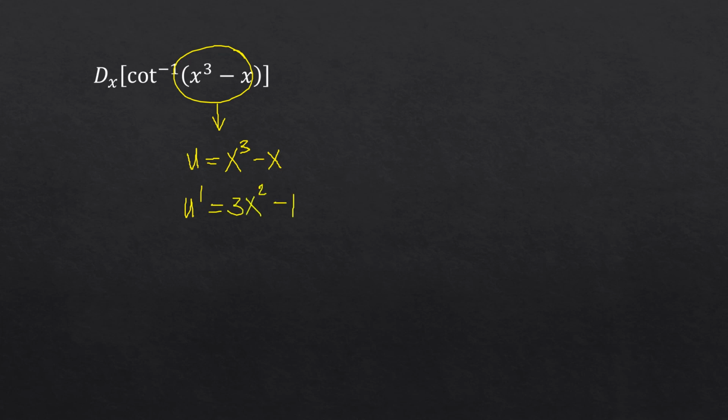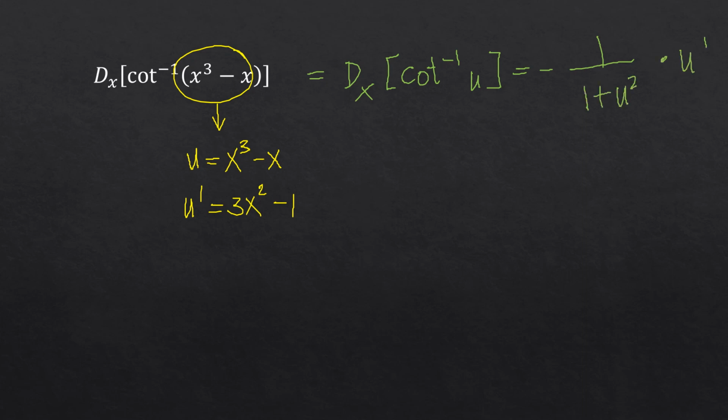So in getting the derivative of the inverse cotangent of x cubed minus x, we have to recognize this. Let that be u, that is x cubed minus x, and the derivative of u is 3x squared minus 1 using the power rule. Therefore, we can rewrite this one into the derivative of inverse cotangent u, which is equal to negative 1 over 1 plus u squared times the derivative of u.